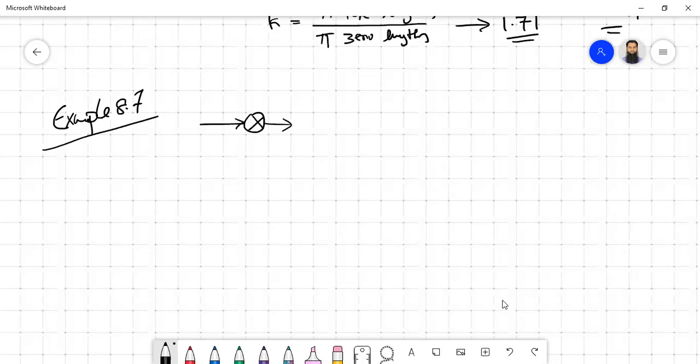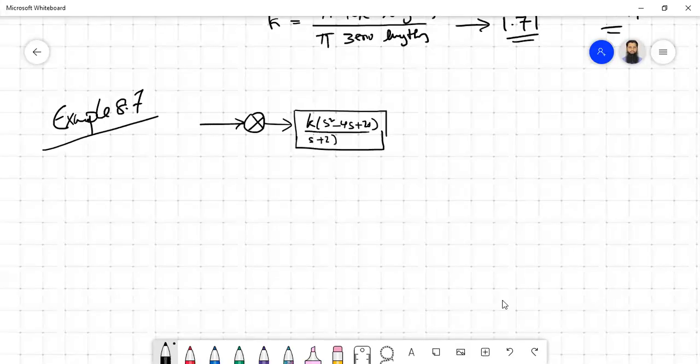Otherwise, I am always writing the function kG of s H of s, then you may be confused in the example by looking at the diagram. So k, s squared minus 4s plus 20, then you have s plus 2, then you have s plus 4. Okay, so unity feedback system.